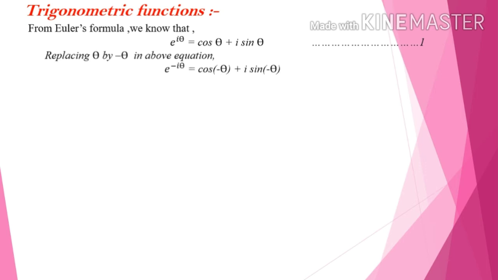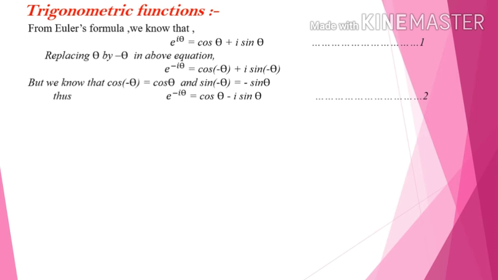Now if we replace theta by minus theta in the above equation, we get e raised to minus i theta equals cos of minus theta plus i sin of minus theta, right friends? But we know that in trigonometric relations, cos of minus theta is cos theta and sin of minus theta is minus sin theta, right?